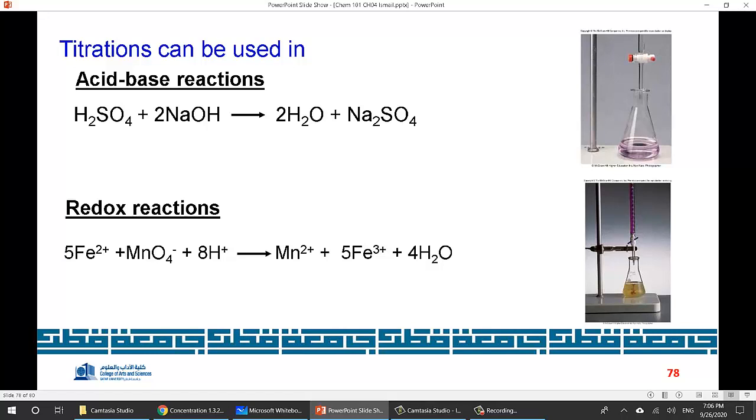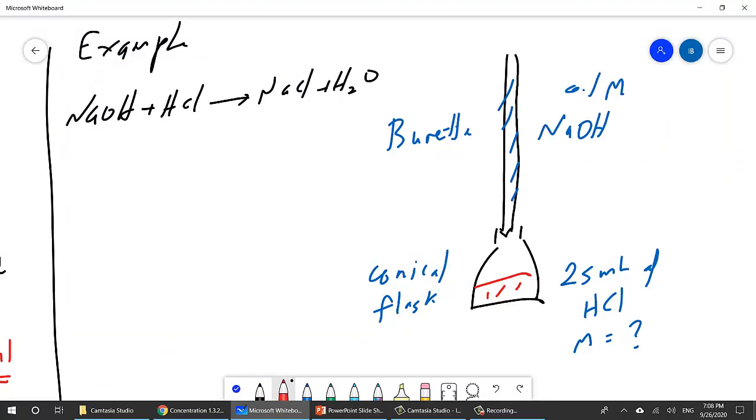Like for the reaction in front of you here, the sulfuric acid and the NaOH, this reaction is not 1-to-1, it's 1-to-2, and in that case you don't apply M1V1 equals M2V2 or MV acid equals MV base. You need to do something to take care of the stoichiometry in the reaction.